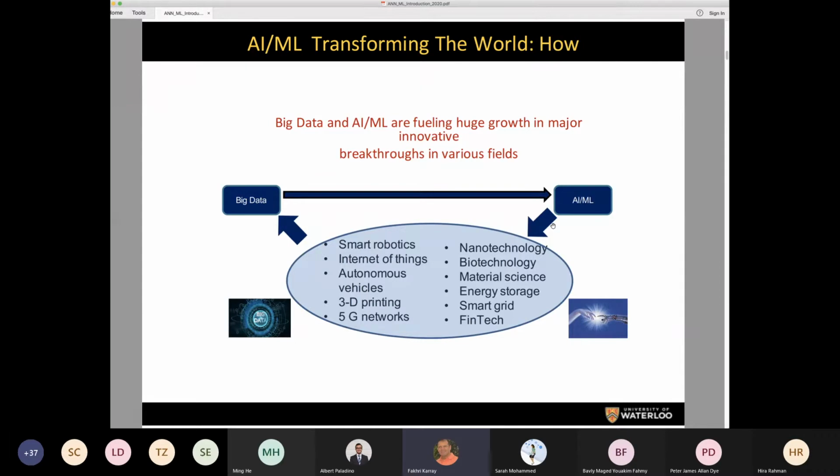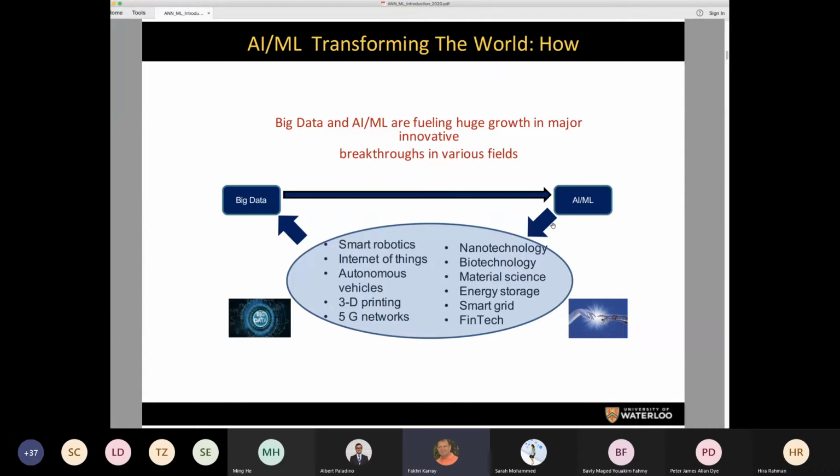So we have big data and we have the tools, which are the software, and this has led to tremendous growth in several areas of innovation and technology, namely Internet of Things, autonomous vehicles, 3D printing, 5G networks, smart grid, energy storage systems, biotechnology, nanotechnology, fintech, and the list goes on and on, where scientists and innovators have been making use of the big data generated by these technologies.